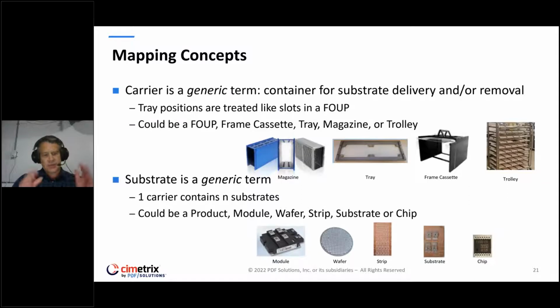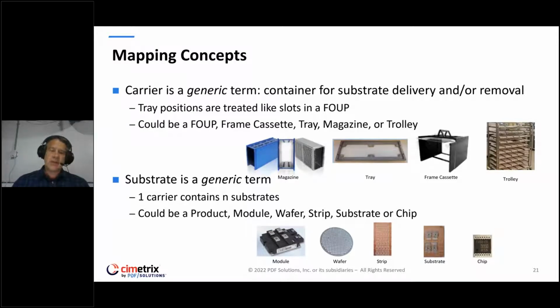And yes, trays are different physically than, like, a FOUP, but by assigning, as Alan talked about, X and Y locations to trays, we can now treat them in the standards very similar to a FOUP. So now a carrier is being shown how it literally can be a FOUP, a cassette, a tray, magazine, trolley. All these different types of carriers can be used, and the TOS shows you how to apply them.